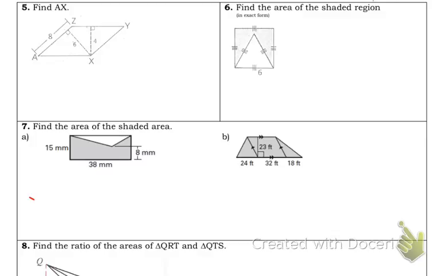Let me just write that triangle down here, so I can write inside of it and you can see it. The height of that triangle is going to be 15 minus that 8. So the height is going to be 7. And the base is going to be 38. So it's going to be half of 38 times 7 that gets you the area of this little sliver.